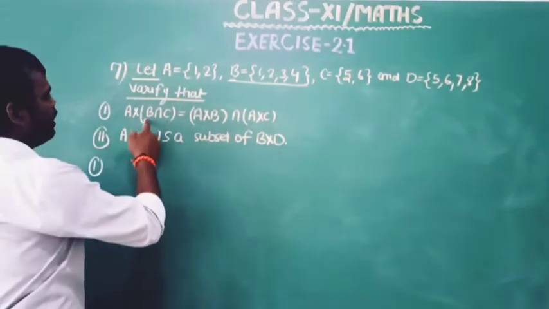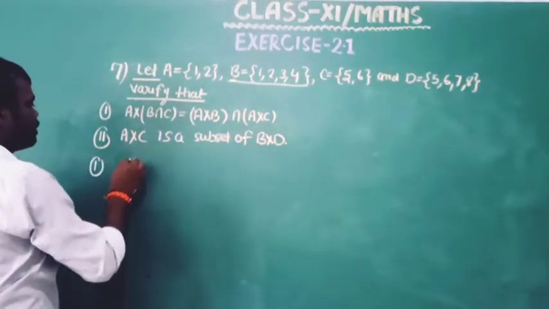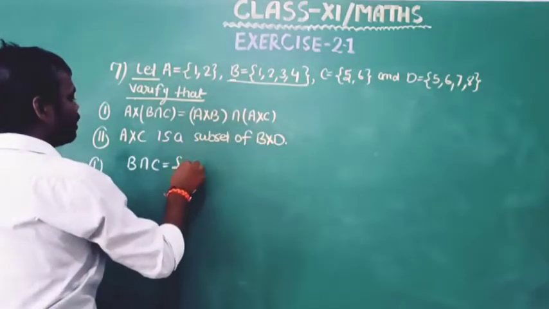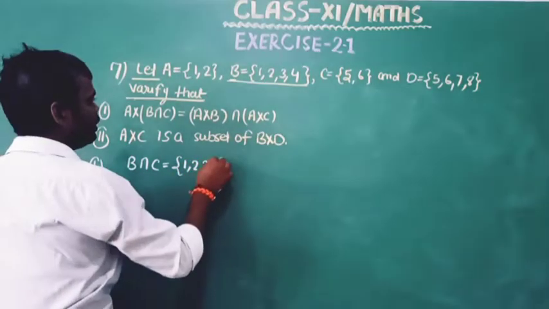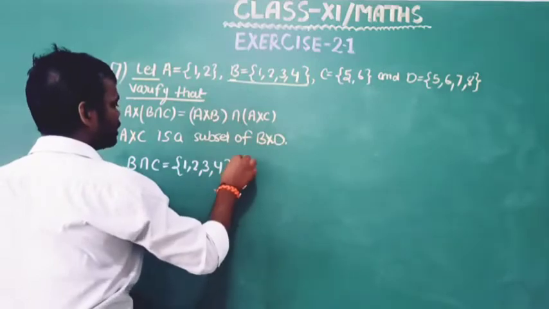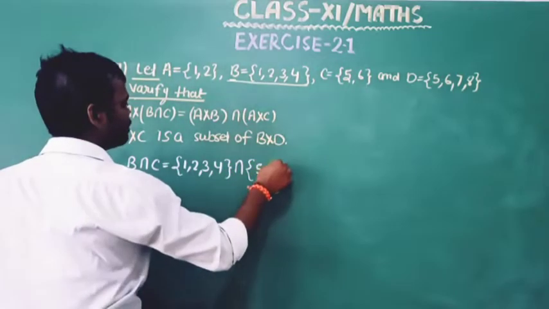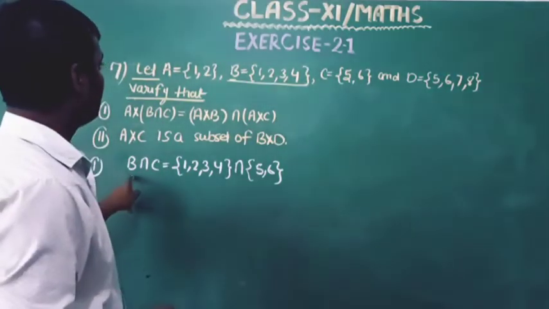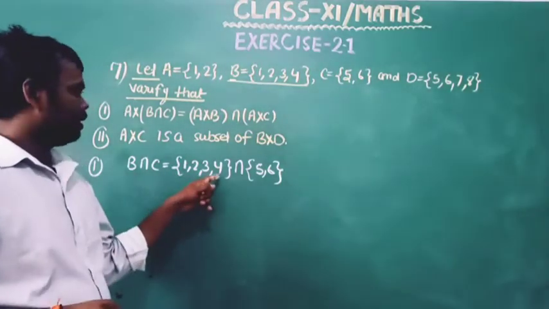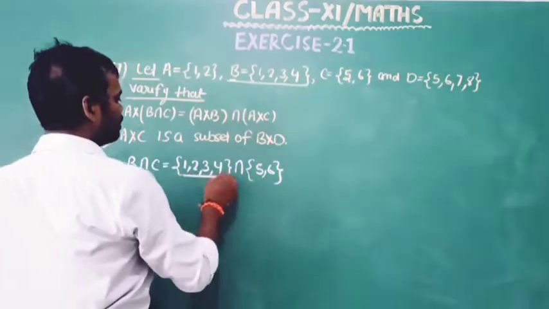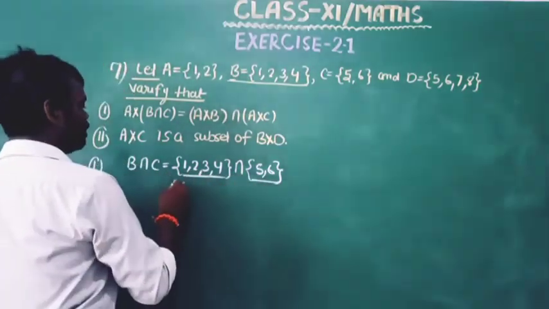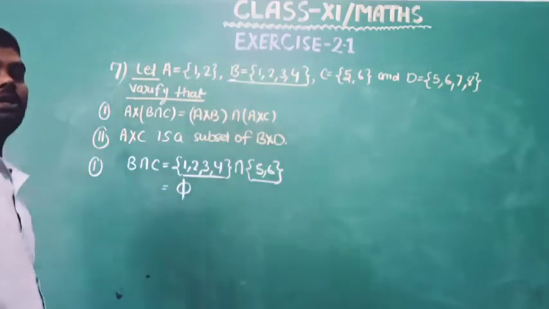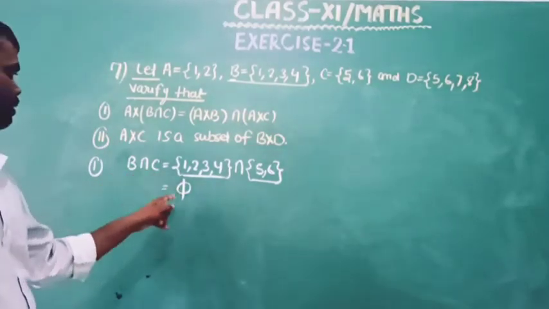Here we first have to find B intersection C. So B is 1, 2, 3, 4 and C is 5, 6. The element common in both the sets, which is nothing, nothing is common in both the sets. So B intersection C is the null set. B intersection C is equal to empty.